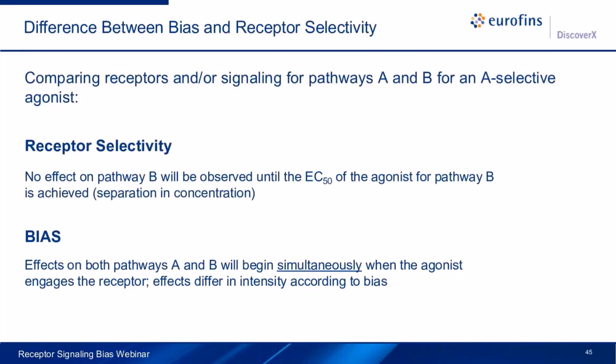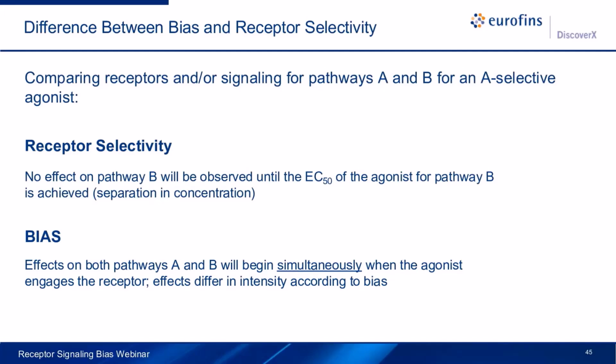compound. It's selectivity, but it differs from standard receptor selectivity, where you won't get the effect on the secondary receptor till you get to the concentrations that start to activate it. So you will have a concentration range.